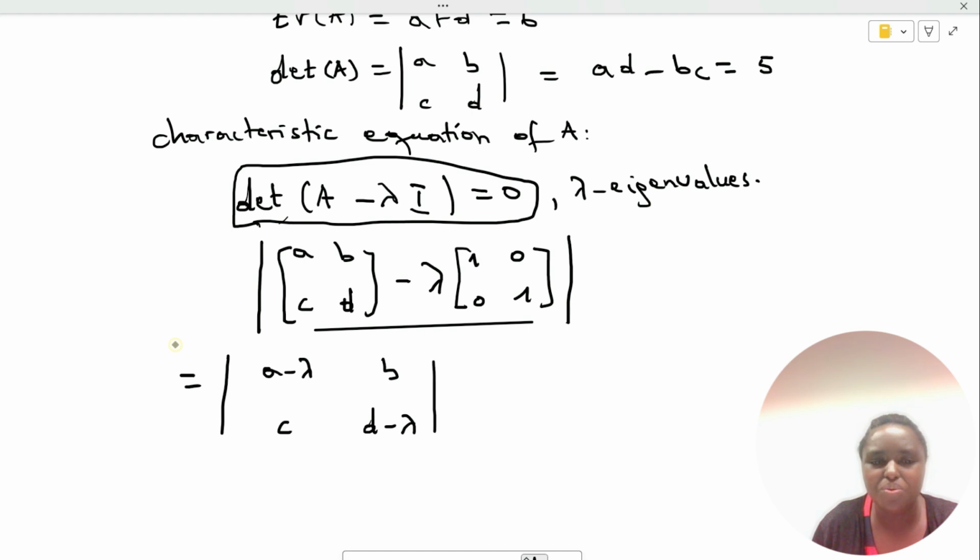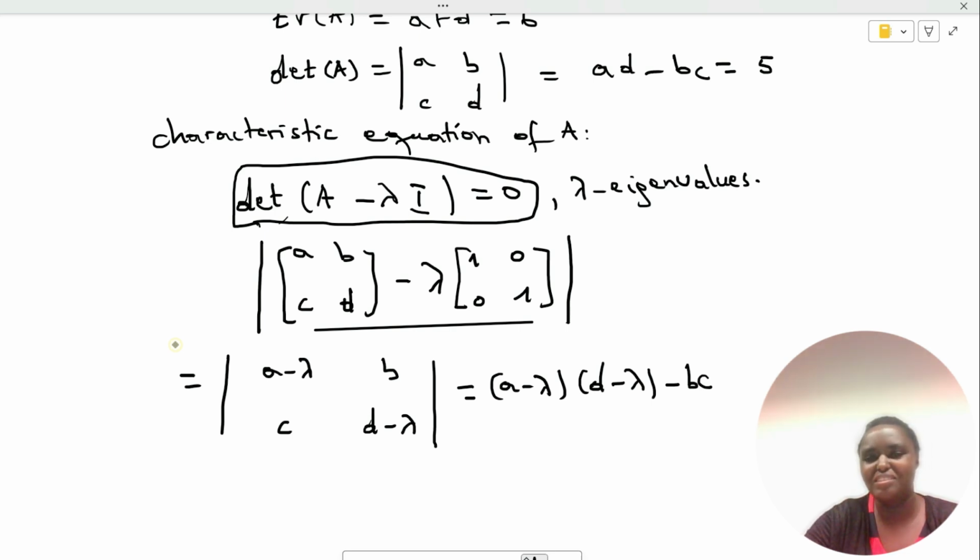So this determinant is equal to A minus lambda times D minus lambda minus BC.